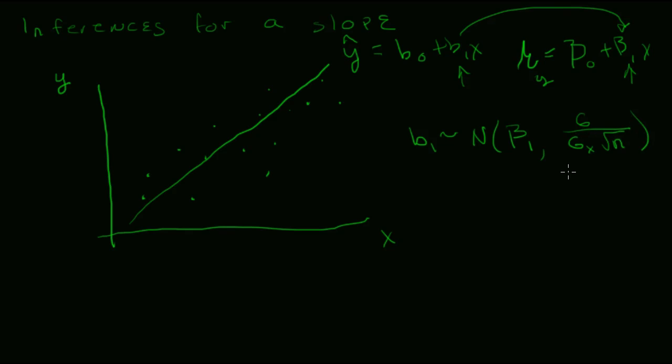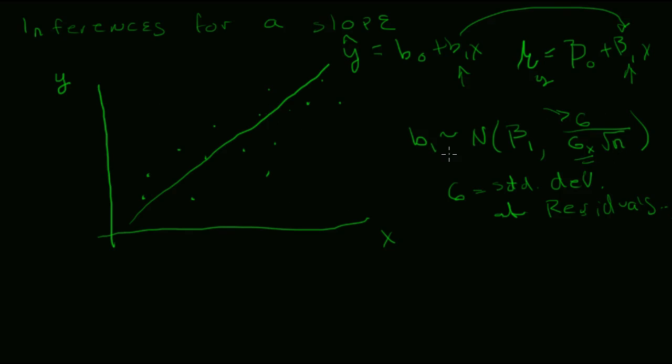The weird thing is that this sigma up top is the standard deviation of the residuals. If you make a list of the residuals and find their standard deviation, that's this. This is the standard deviation of the x values, and this is the number of points in the sample.